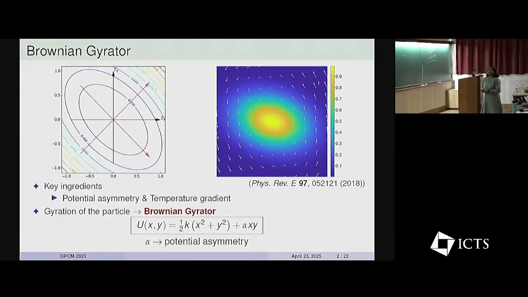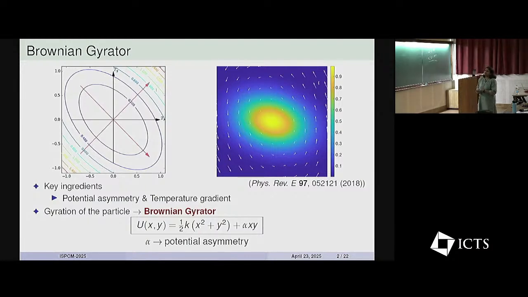So first, let me briefly introduce what a Brownian gyrator is. A Brownian gyrator is a fundamental system in which a Brownian particle is confined by an asymmetric harmonic, or parabolic, potential, and it is coupled with two heat baths kept at two different temperatures.